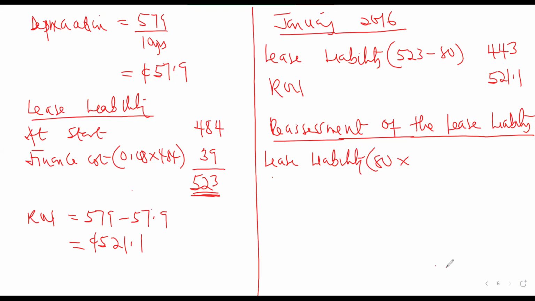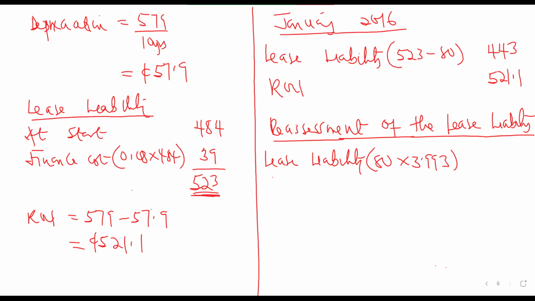So just find the annuity factor, let's multiply and get the answer. 3.993. So if you multiply, what are we having?